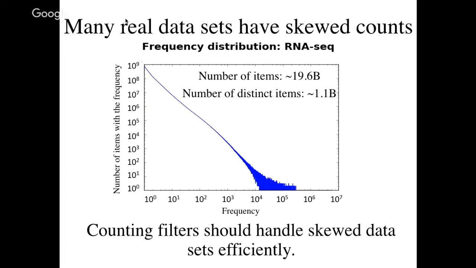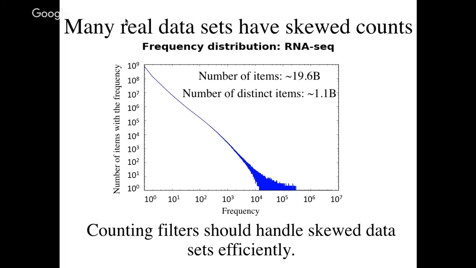For example, here is a data set. It is an RNA sequence data set. The x-axis tells you the frequency of an element, and the y-axis tells you the number of items occurring with that frequency. On the left-hand side of this graph, there are at least 1 billion elements that occur with a count of 1 or 2.